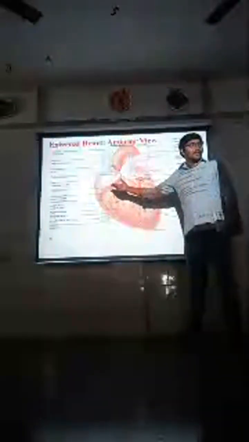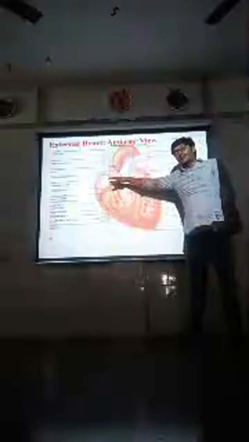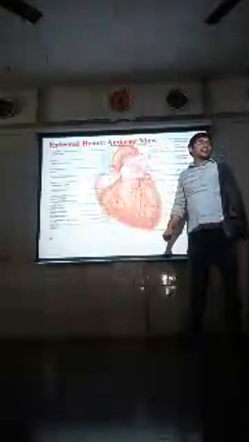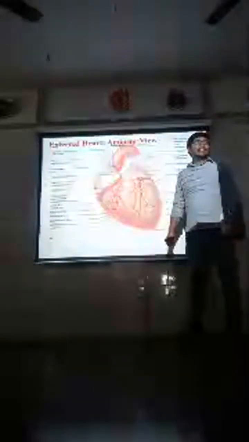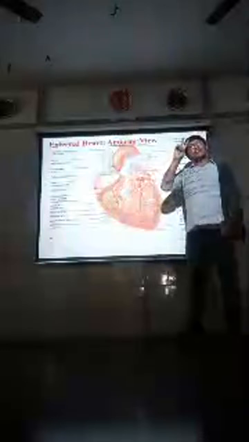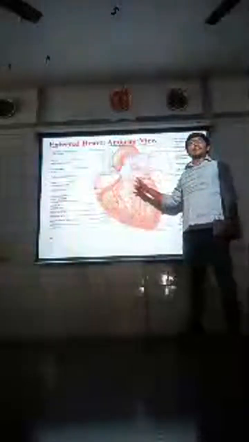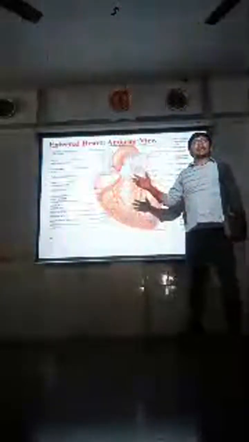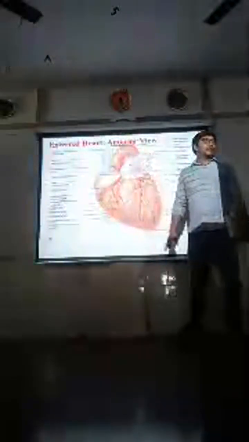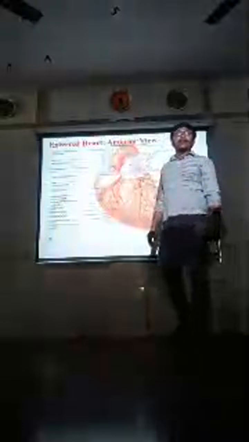The Bundle of His is also going from the posterior side of the heart. It passes the atrioventricular node and is divided into two: the left bundle branch and the right bundle branch. They are passing in between the interventricular septum.